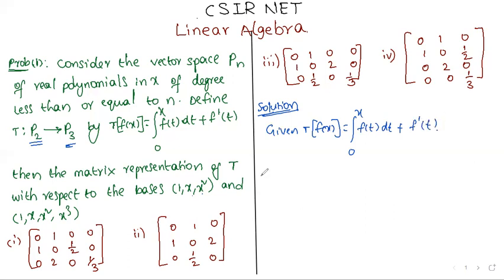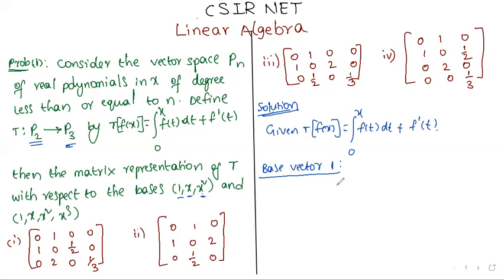We first find the image of the basis vectors of the domain with respect to T. First base vector 1, the next base vector x, and the next base vector x^2.